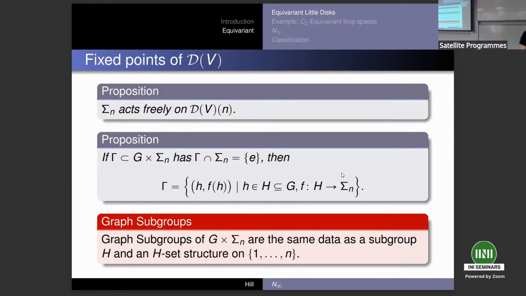And if I consider graph subgroups up to conjugacy, then the up to conjugacy part says I take conjugate subgroups of H and isomorphisms of H-sets. So I see this dictionary that translates between the kinds of subgroups I care about and these H-sets.